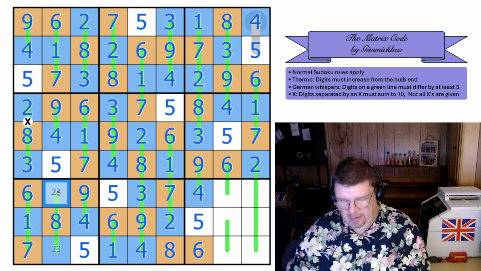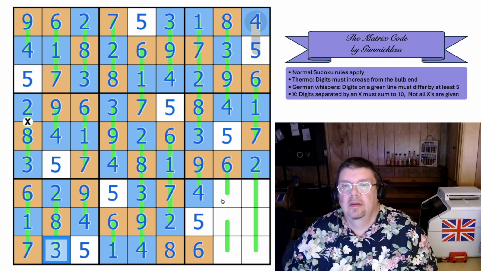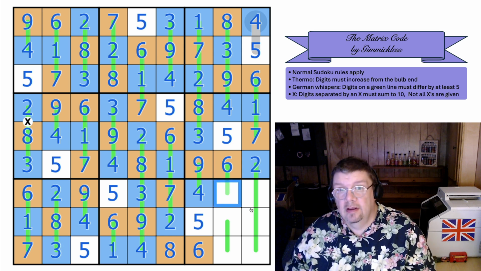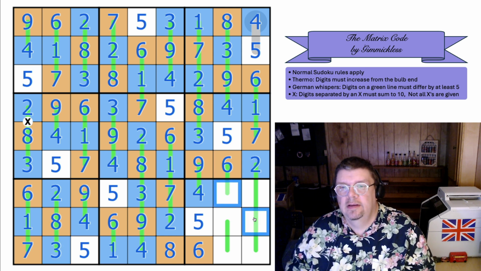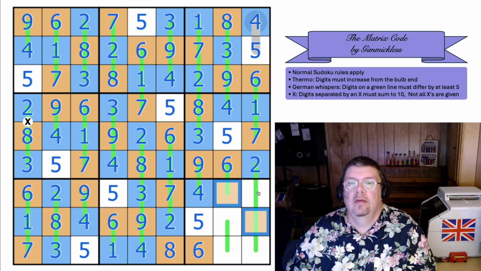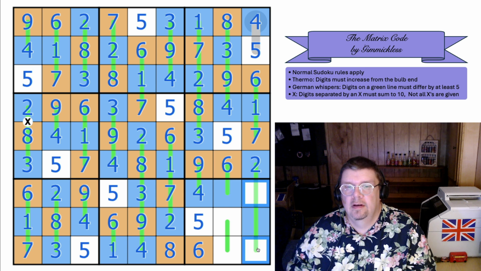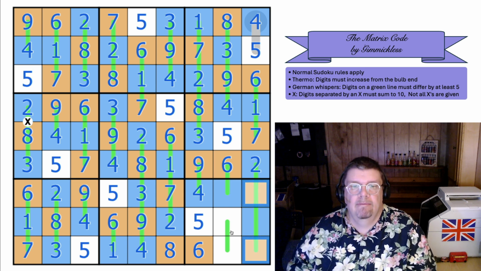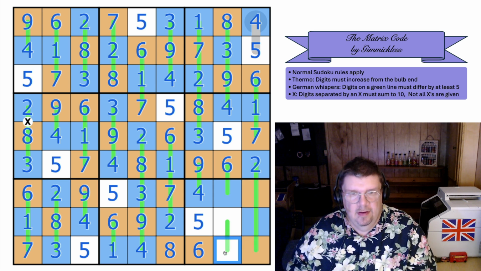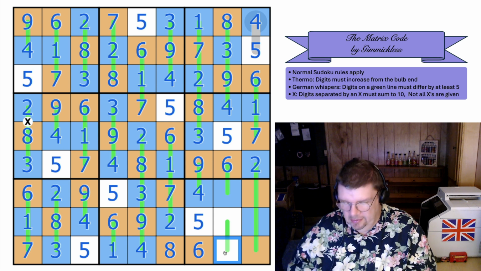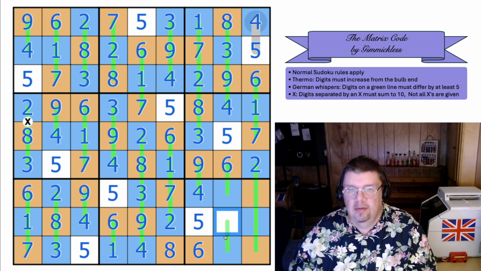All right, that 3 makes that 2 and that 3. We can now colour those high. No, those low. We can colour those high. This now has 4 high digits. That is low.